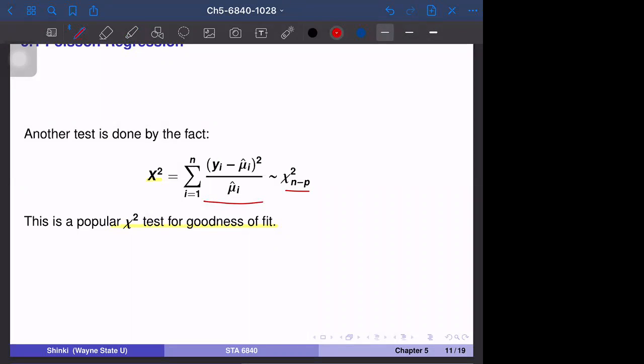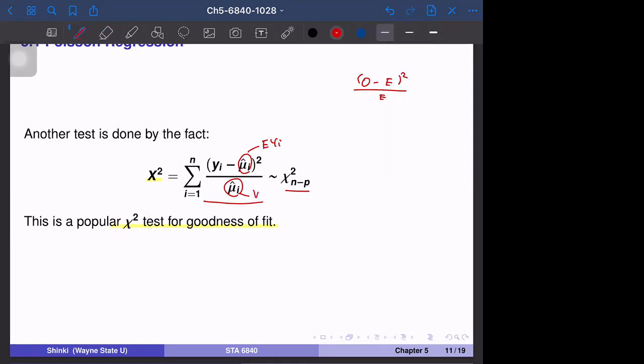So this is the observed value minus the expected value, squared, over the expected value. But now you can see that this has a natural shape. So mu i hat. Mu is basically the expectation of y. So it is estimated, so it's slightly different, but this is the expected y. And this is the expected value, but actually the variance is also this.